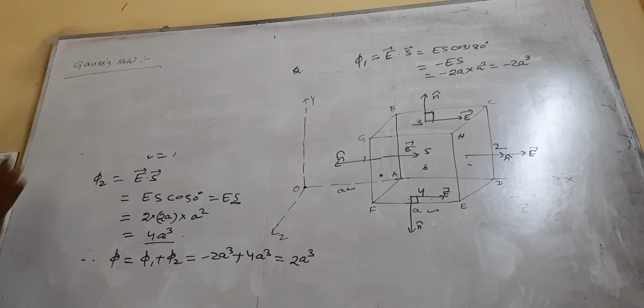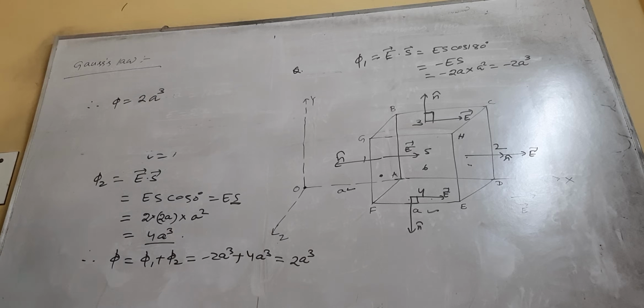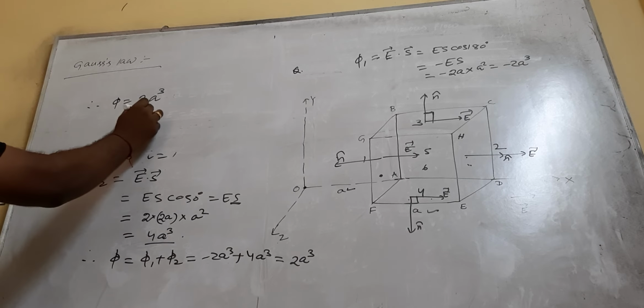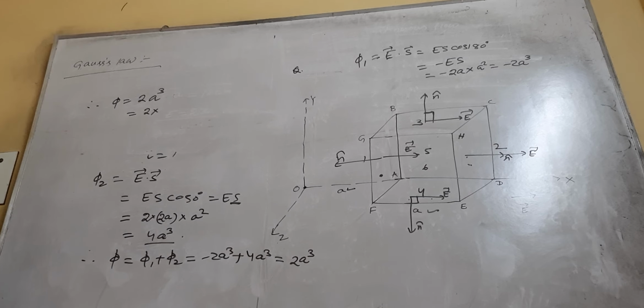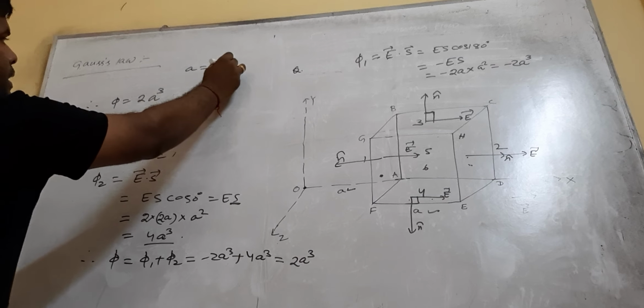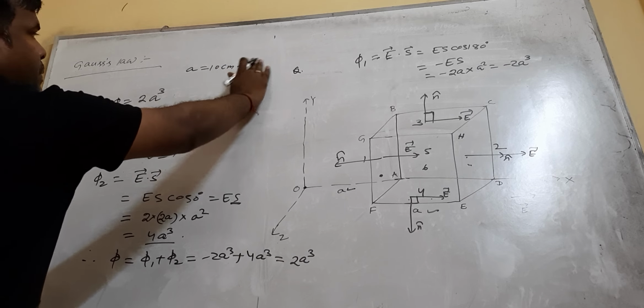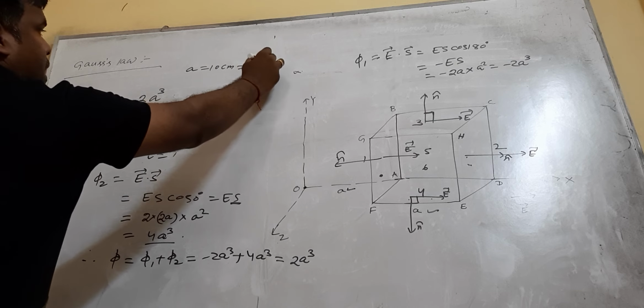Therefore you got phi is equal to 2a cube, and in place of a, as we have taken a is equal to 10 centimeter, that is 0.1, means 10 to the power minus 1 meter.